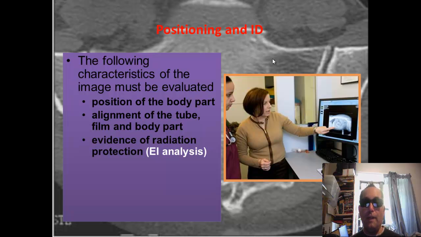What does evidence of radiation protection mean? Well, we're talking about two different things, really. One example would be making sure that there are 4 clearly defined borders of collimation. If we only count 2, then we're not sure exactly what happened to the radiation on the other 2 sides.